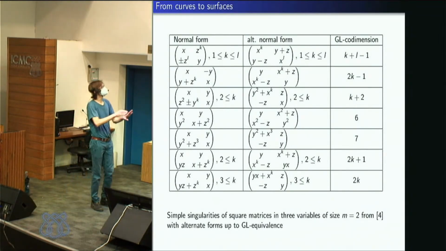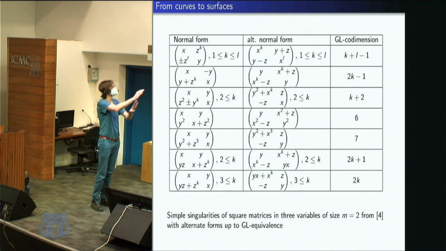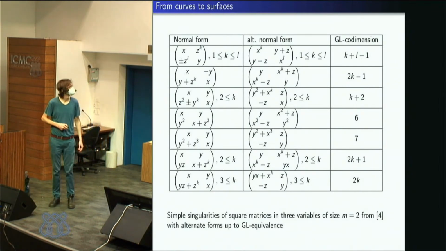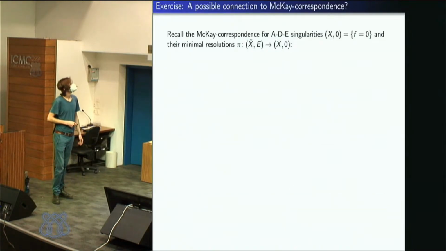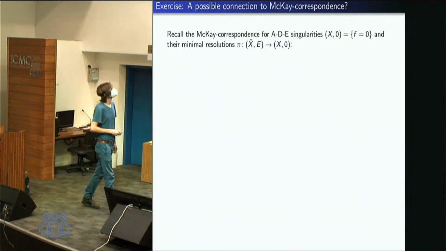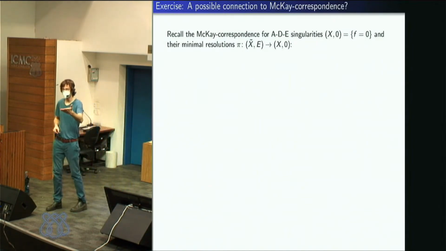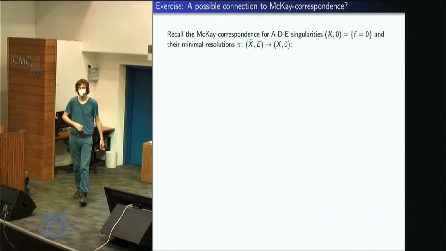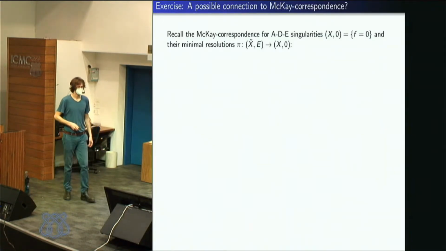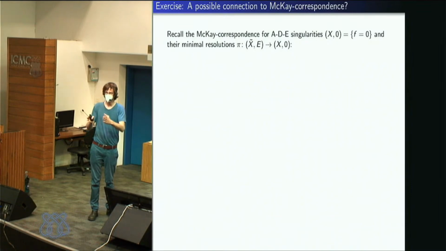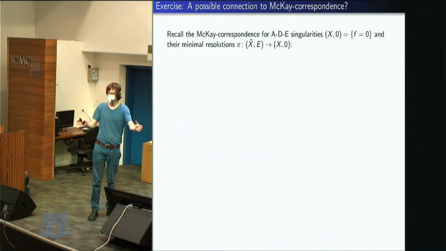And if you delete the z from every one of these entries, you should get more or less the corresponding curve. So what about surfaces? This is something that I want to throw to you as a maybe long-term exercise. So matrix forms and simple surfaces, where do they come together?